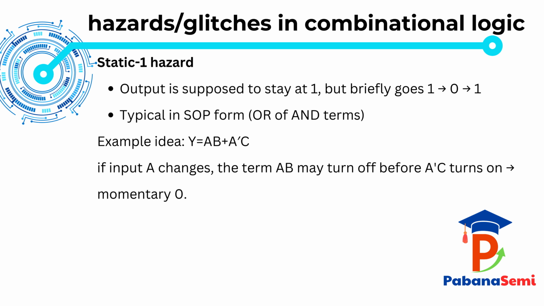For a brief moment, both terms become 0, so the OR output Y temporarily drops to 0, even though it should have stayed 1. That short, unwanted dip is the static 1 hazard. In practice, we eliminate static 1 hazards by adding a redundant or consensus term. So there is always at least one active path holding the output at 1 during transitions.